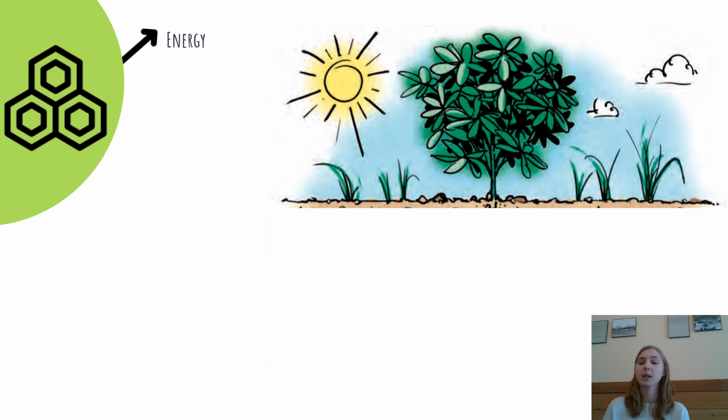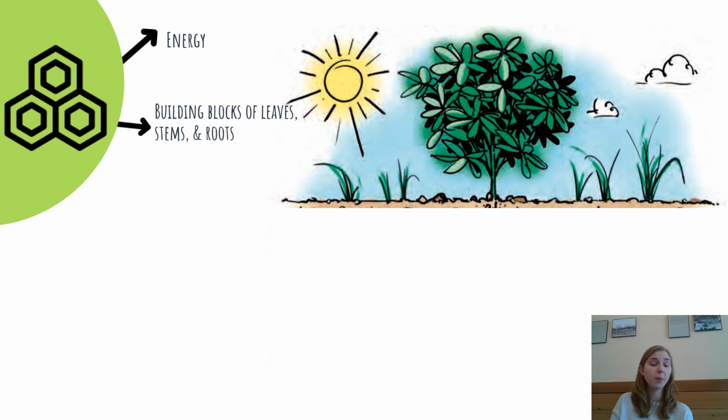One that we typically think of is energy. So a plant needs energy to function, to make all its compounds, to grow. Some of that sugar will be used as energy. Another big category is the actual building blocks of a plant.